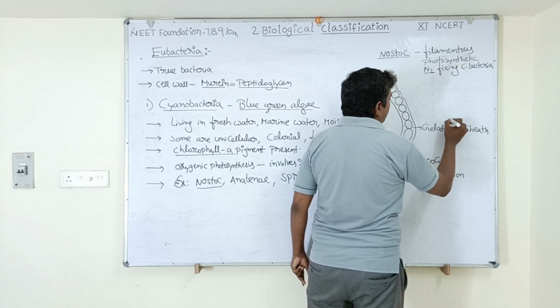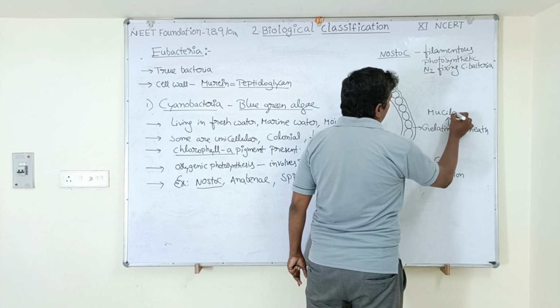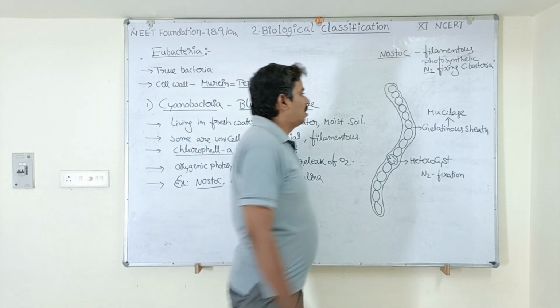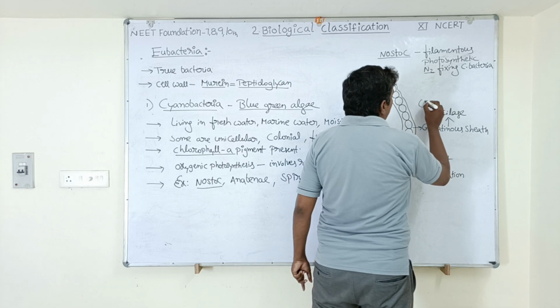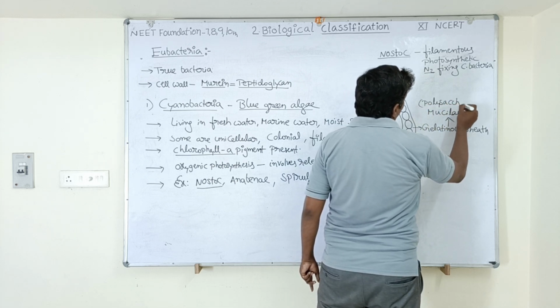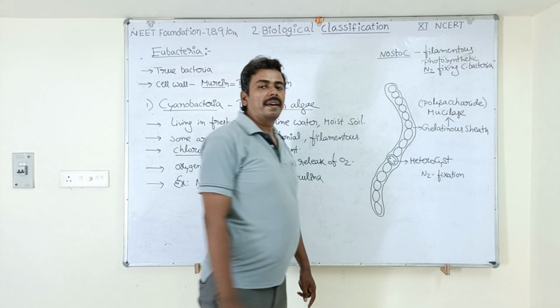The gelatinous sheath is made up of a slimy material called mucilage. And what is mucilage? Chemically, it is a polysaccharide.